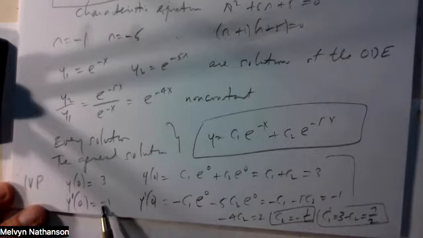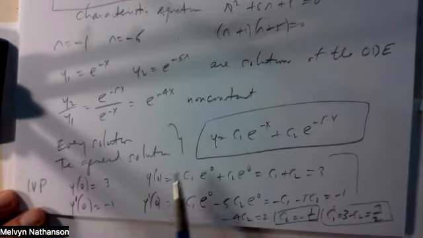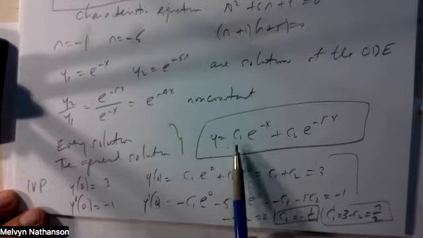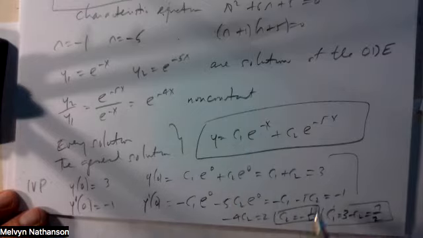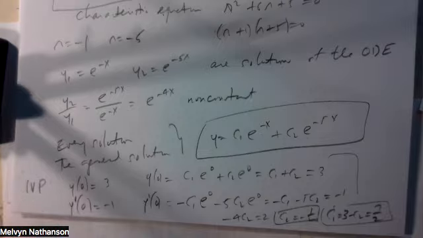So to satisfy this initial condition, y is equal to 7/2 e to the minus x minus 1/2 e to the minus 5x. Okay. Any questions about this?